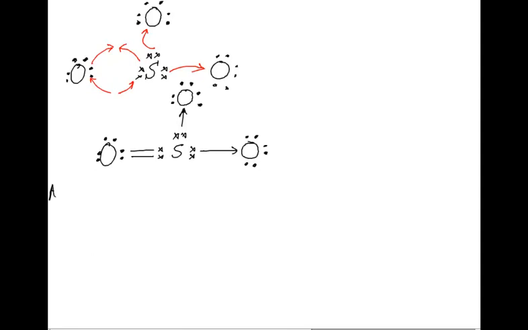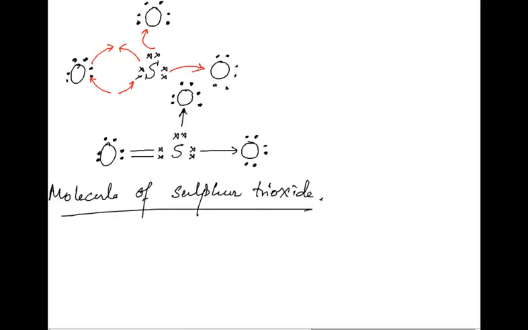So this is the molecule of sulfur trioxide. I hope you have understood how the formation of sulfur dioxide and sulfur trioxide can be explained.